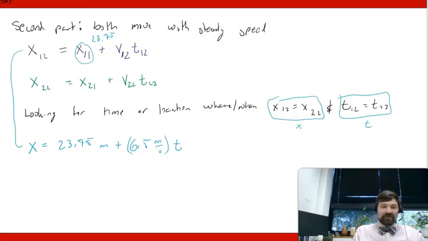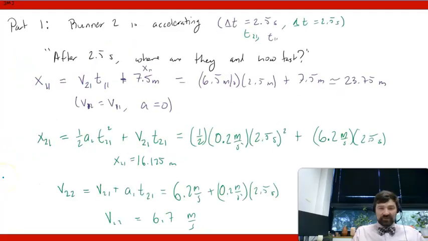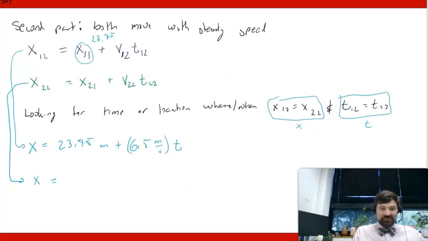And this equation maps to x equals 16.125 meters plus 6.7 meters per second times time.